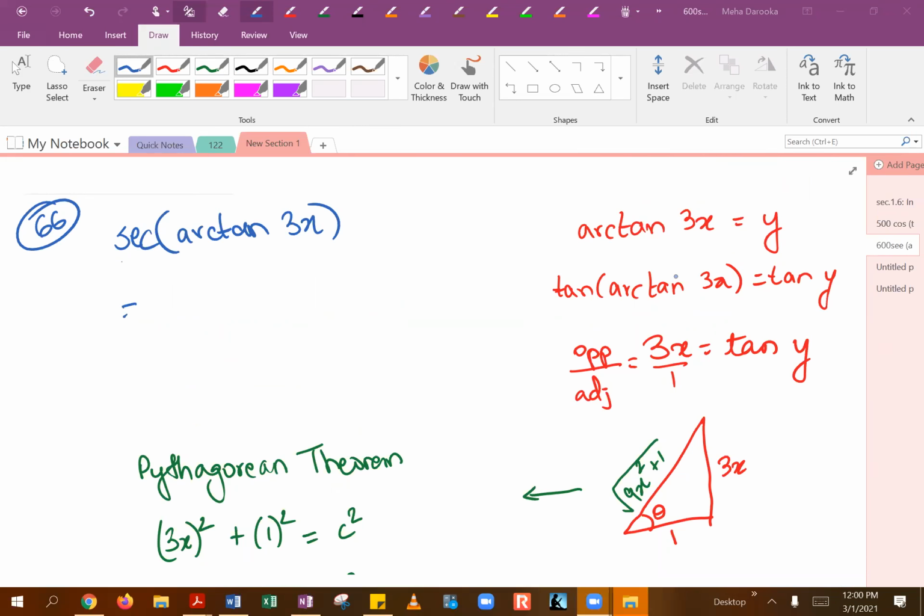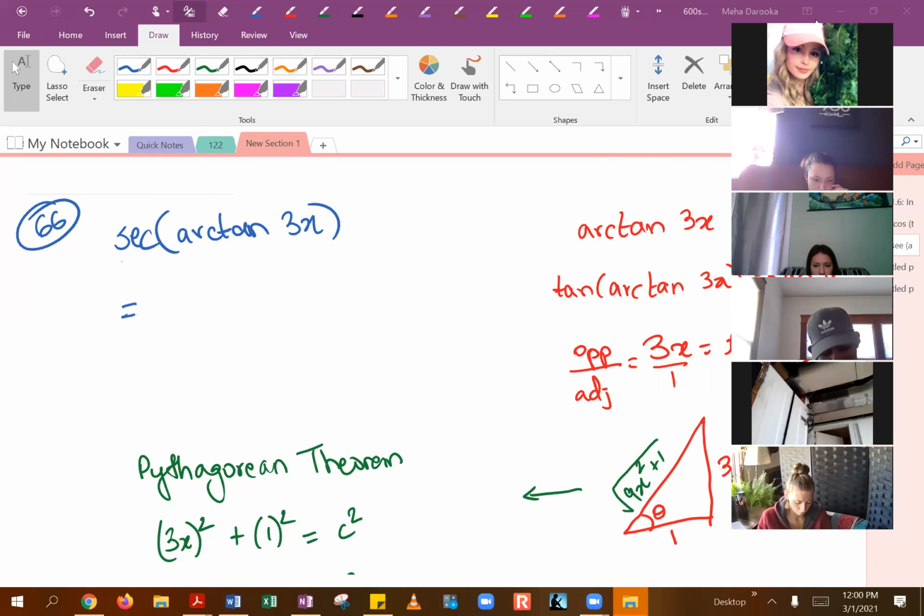No, so go ahead and send me what you think your final answer should be based on this idea of hypotenuse over adjacent. Oh, it shouldn't take you that long.